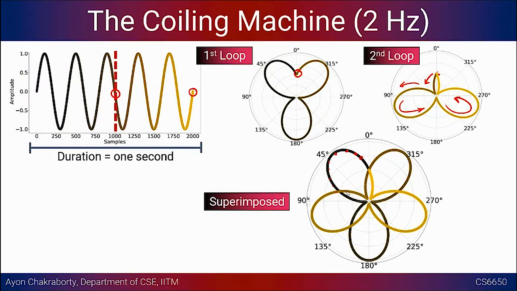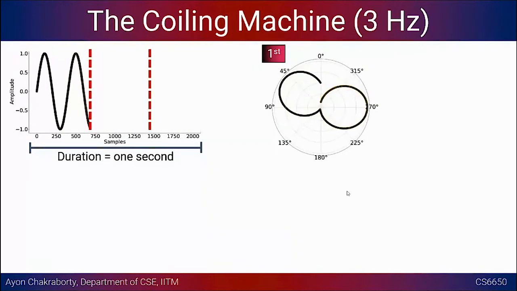Okay, I'll give you a third example so that this really gets into your head. If we work with a 3 Hz coiling machine, we'll basically do 3 loops, right? The first loop will be from 0 to 2000 divided by 3, and this is mapped as you can see in the picture. So this is pretty much the black part of the signal.